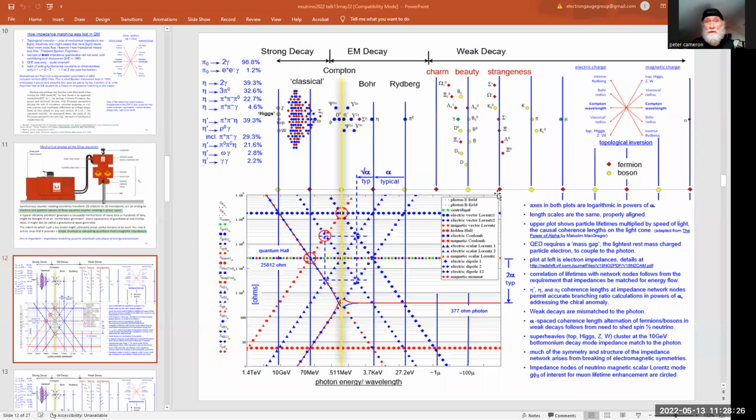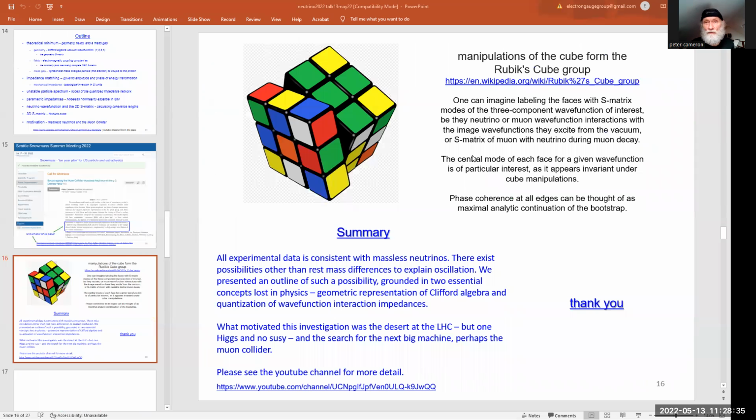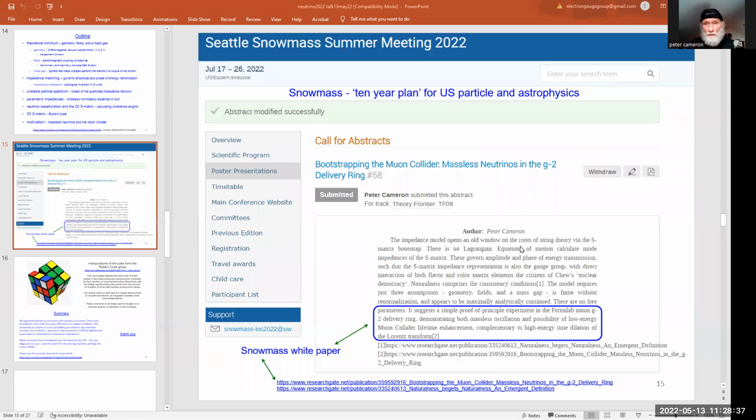The mechanical analog of the Dirac equation. Here, the correlation between the impedance network and the particle lifetimes. And finally, the snow mass that we want to do this proof of principle experiment.